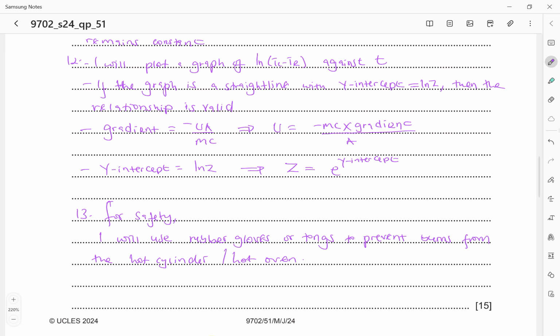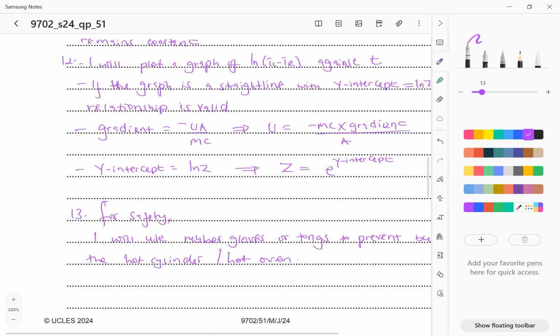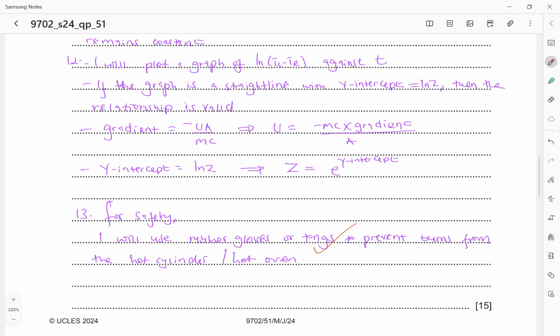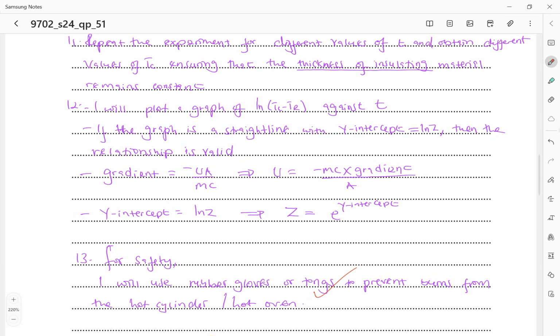I can try to just show you where I expect the examiner can put marks by putting ticks. So this safety will give you 1 mark. This part of analysis, even if I just write this part of analysis alone, I have 4 marks. 1 for which graph to plot, 2 for how the graph should look like, 3 they have told us how to find u and z.